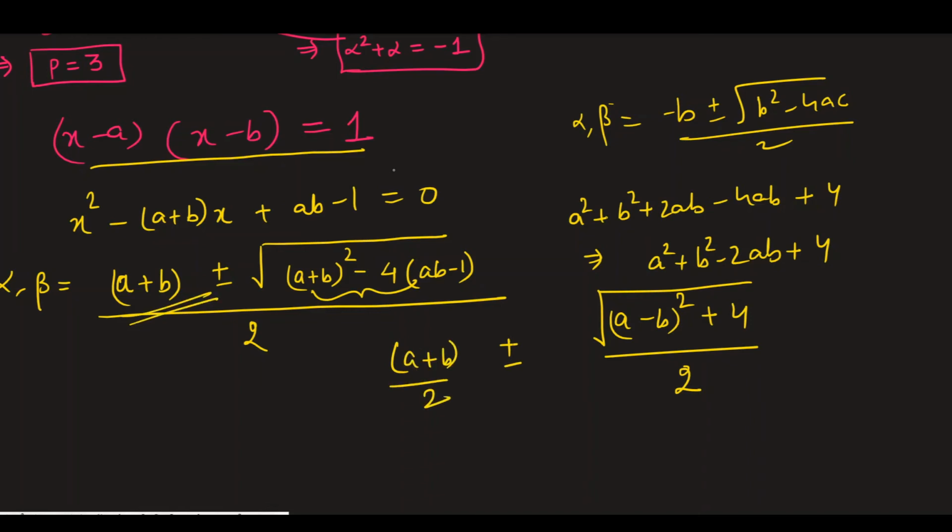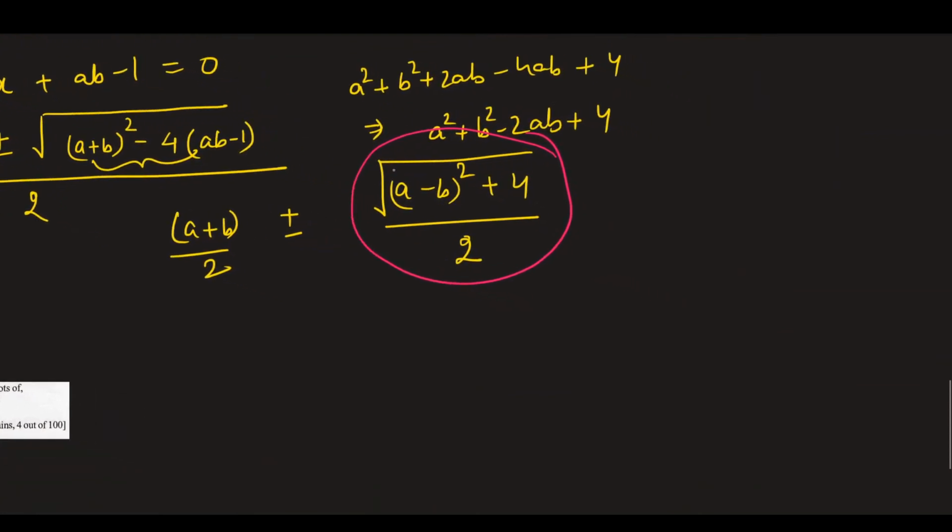Now I am saying that this part is always greater than or equal to (A minus B) upon 2. Why? Because of this 4.